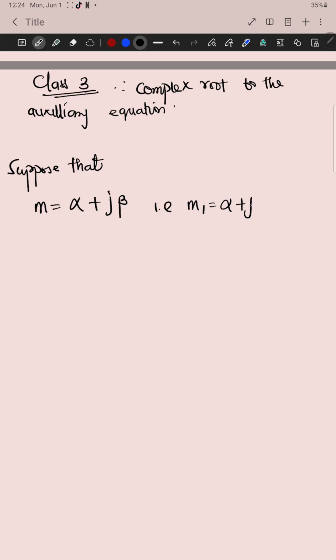When you have roots to an auxiliary equation that are complex, let's say for example, suppose that m is equal to alpha plus j beta. That is, m1 is equal to alpha plus j beta and m2 is equal to alpha minus j beta.